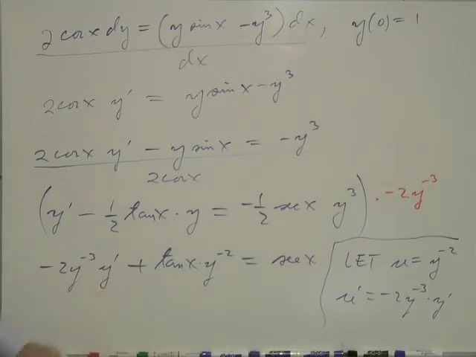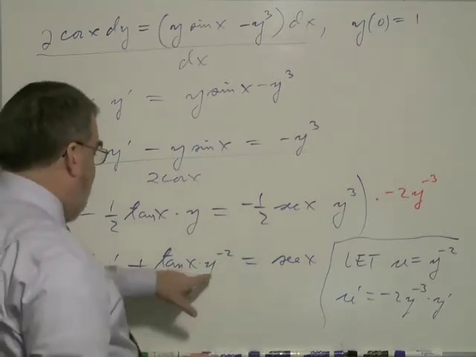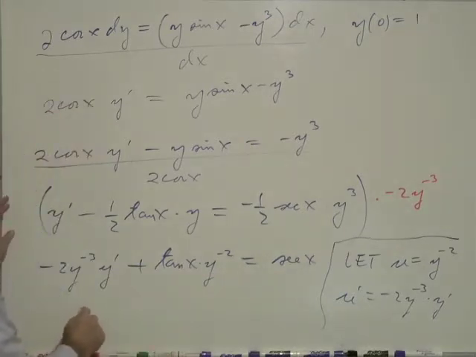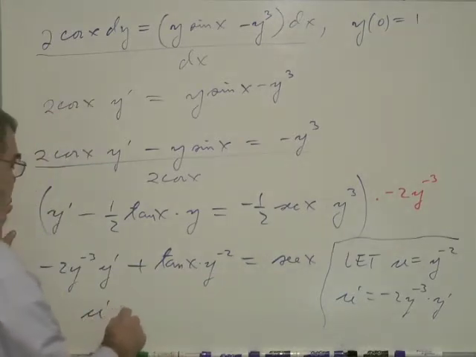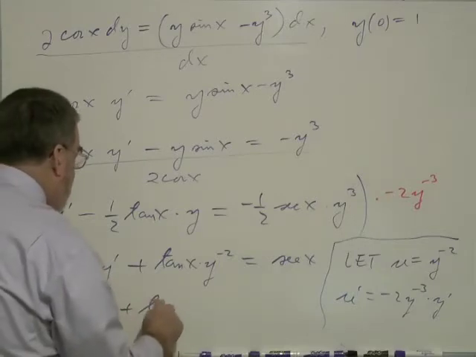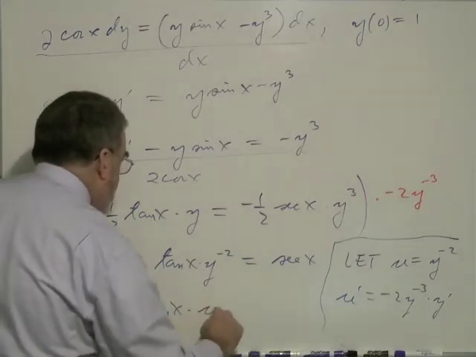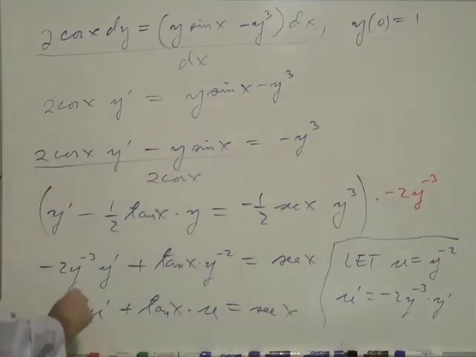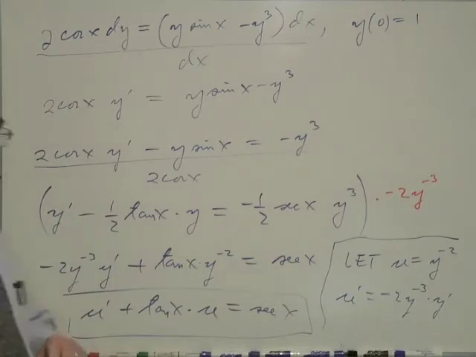So here is u prime plus tangent x times u equals secant x. So let me write that down here. U prime plus tangent x times u equals secant x. There we go. So there's my equation in this new variable u after this adjustment.